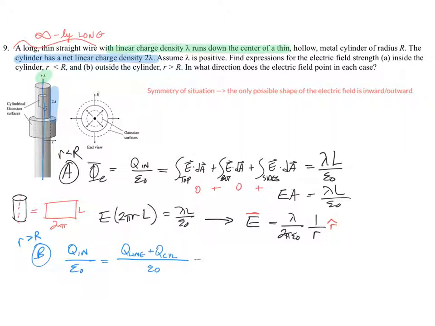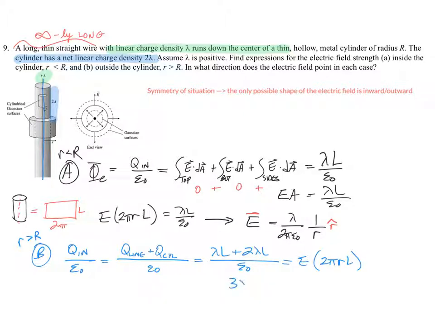All right, and so that's going to be a lambda L plus a 2 lambda L per epsilon naught. And this has to equal my EA, and my A is a 2 pi RL. All right, so again, we might as well do some of the math here.